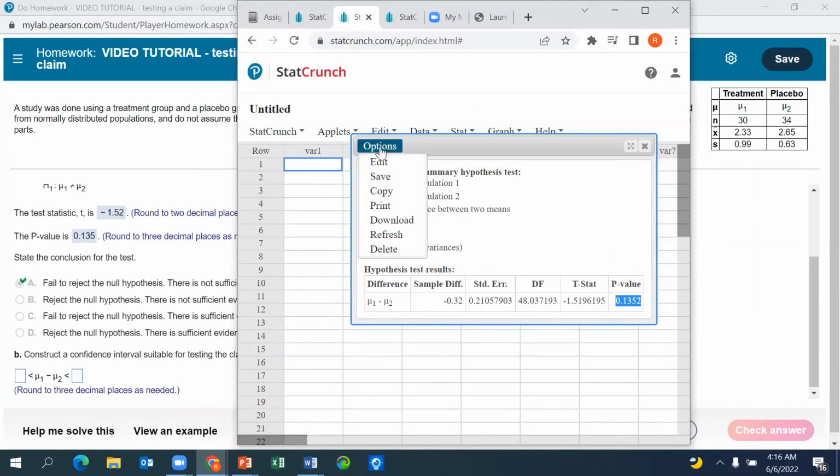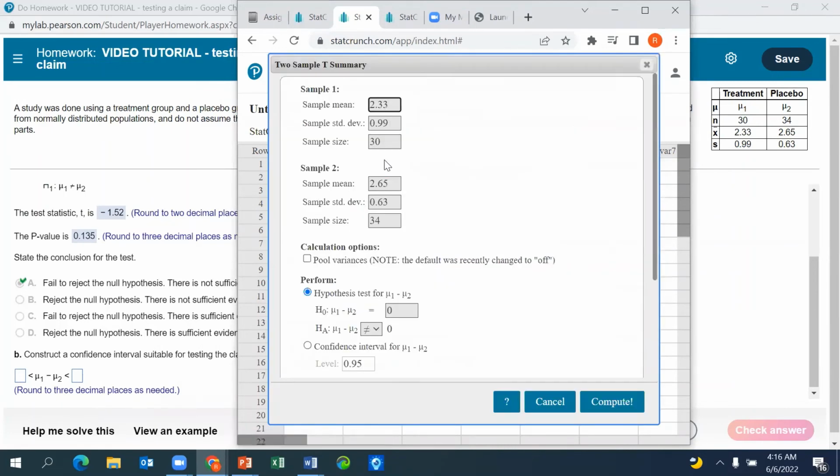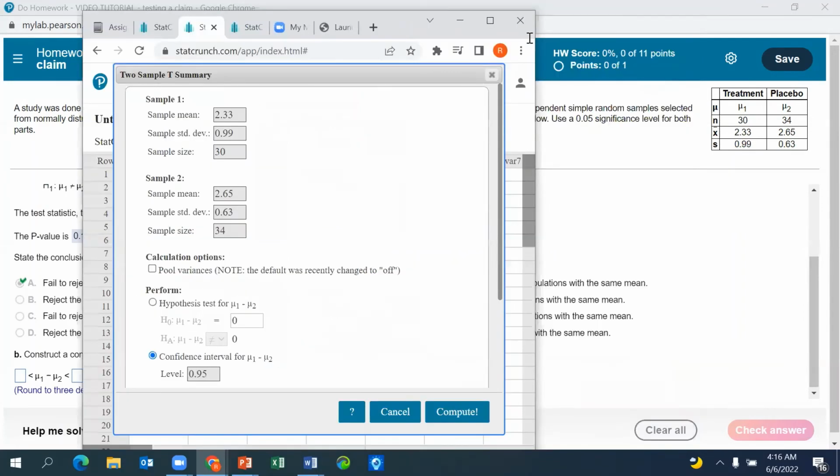So if we go back to options, we edit the values here. We no longer need the hypothesis testing. You can select the confidence interval. So let's see what we get if we have 0.95. Since alpha is 0.05, let's select the 0.95 level.